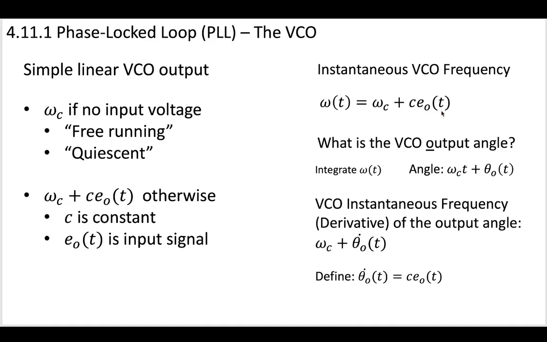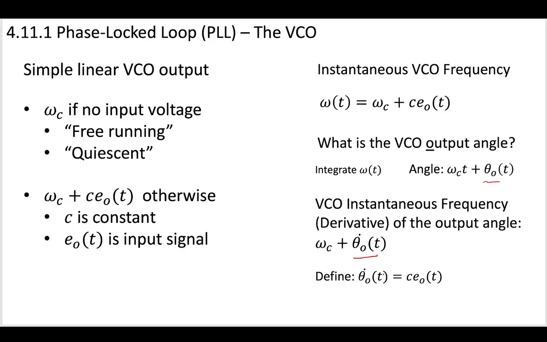Now, the instantaneous frequency at the output would be the derivative of that output angle. So if we take the derivative of this, we'll denote that by theta O dot, where we define theta O dot as being equal to that signal that we put in at the input.